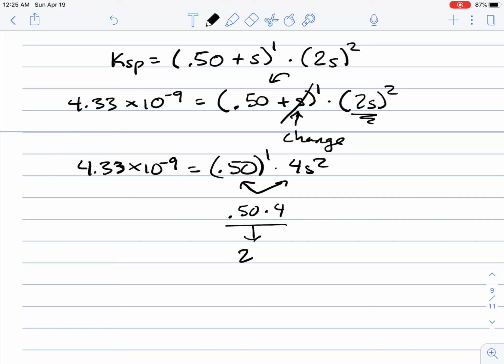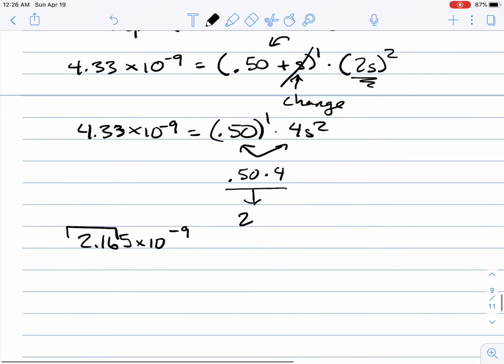So I'm going to take 4.33 times 10 to the negative 9, and then I'm going to divide that by 2. And what I get here is going to be 2.165 times 10 to the negative 9. And I'm going to remind myself to just keep 3 sig figs.